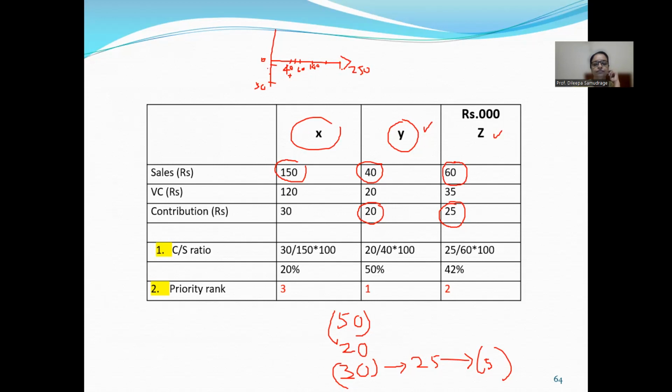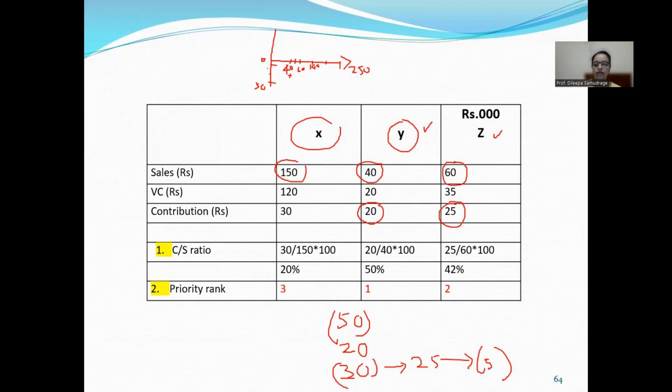So decide profit or loss at 250. How much? Yes, 25. Nirosha says 25, right? Okay, profit 25,000, correct, right?